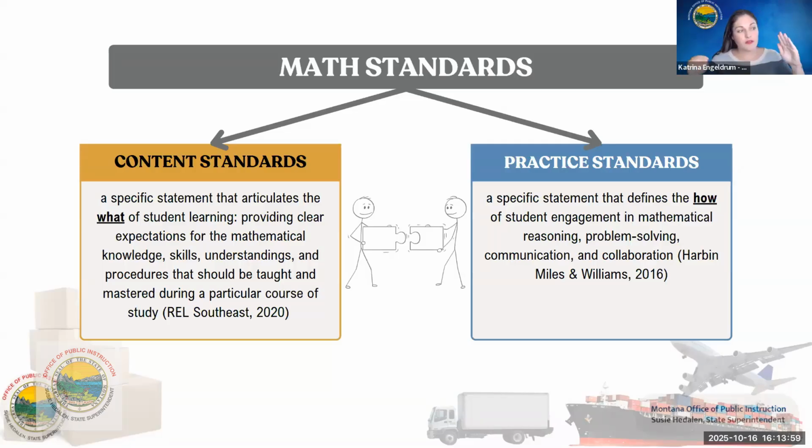Within those, there are content standards, which are the what of student knowing or learning. And then you have the practice standards, which are sometimes also called the process standards. And those are kind of the how. So these two things have to be merged. We talked about this a little bit last time too, that I used the analogy that content standards are like the packages of information we want to deliver to students, and the process or practice standards are the method of delivery.